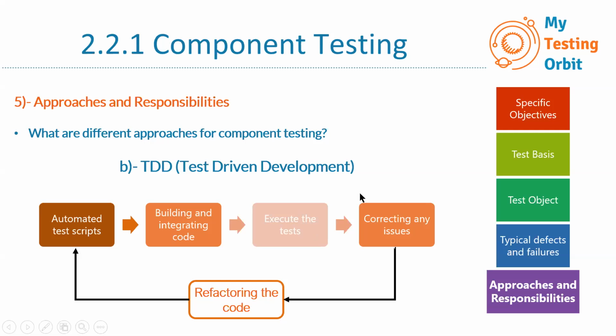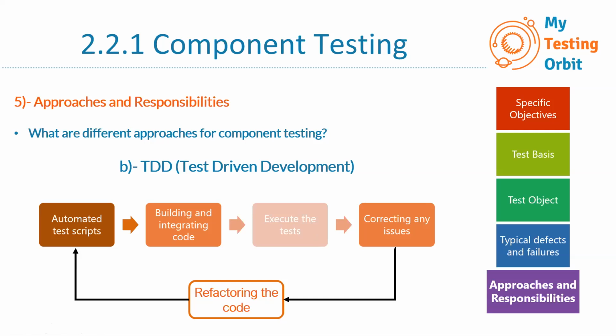It is an example of a test-first approach, and it was originally part of XP, which is known as extreme programming, which is itself a form of agile methodology, but it is being used in the other forms of agile and the sequential life cycles too.